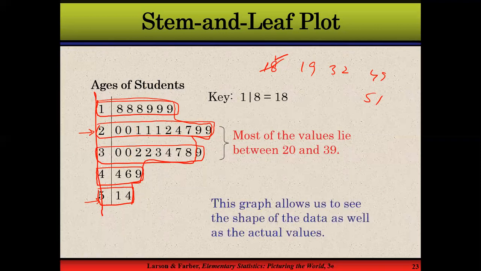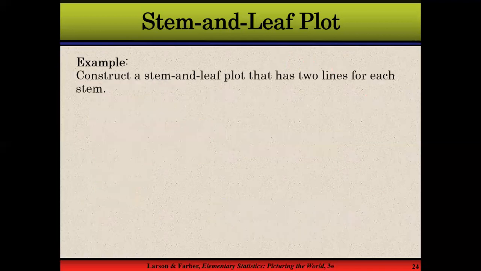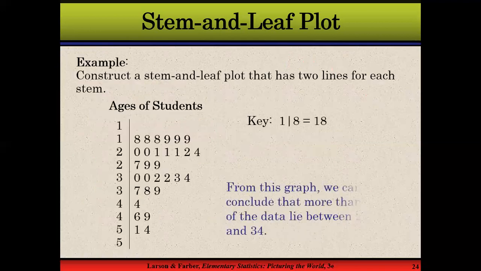This graph allows us to see the shape of the data as well as the actual values. The one major benefit of the stem and leaf plot is that it helps us look at the actual values of the data set. You can also divide each stem into 2 classes.